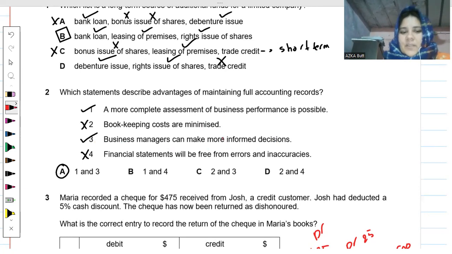So yes, this is the right option. In option 4, financial statements will be free from errors and inequalities. No, this is not the right thing, because even if we are creating the full accounting record, we still have some errors, and that's the reason that we have to make the suspense account. So we cannot say that we don't have any errors in our financial statements. So yes, 1 and 3 is the right option.